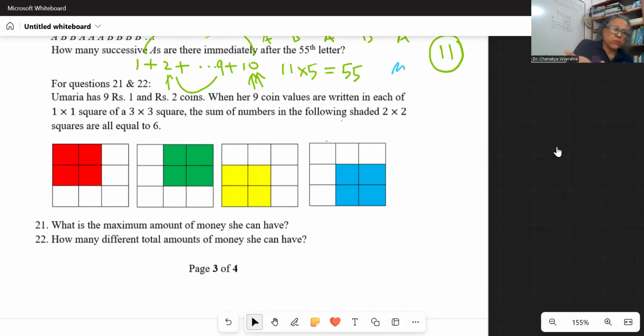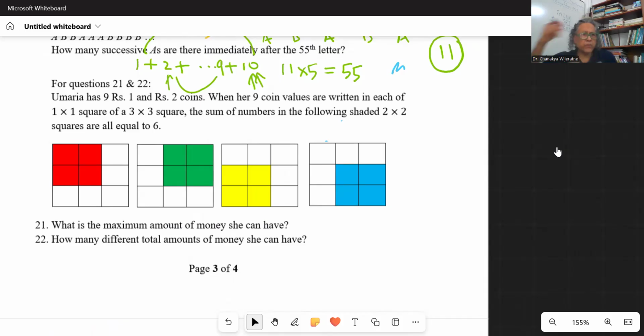If all of them are 1, then the sum is 4. If one of them is 2, it is 5. Then we need to have 2 of them 2, and the other ones are 1 each. That's how you get 6. If 3 of them are 2, then of course it's more than 6. So each block has two 2s, and the others are 1.